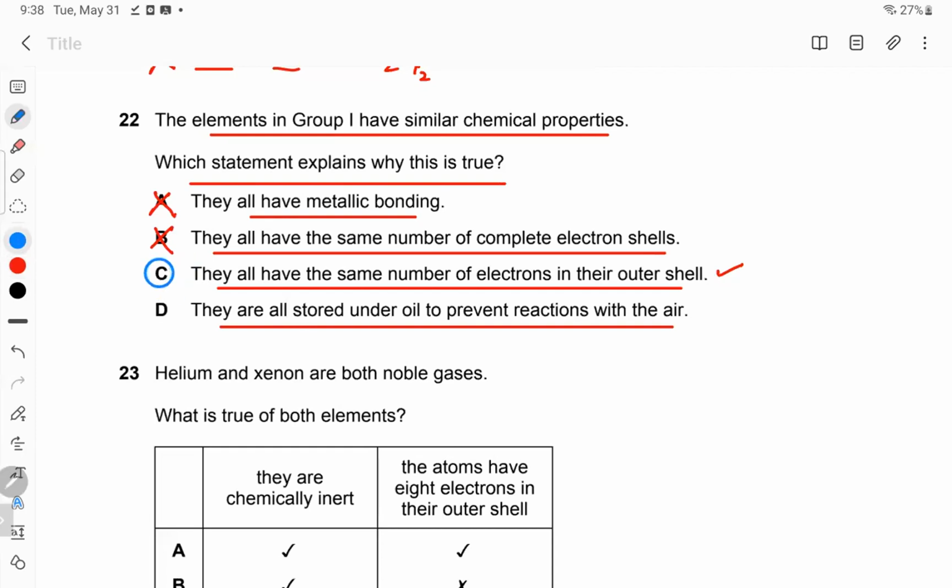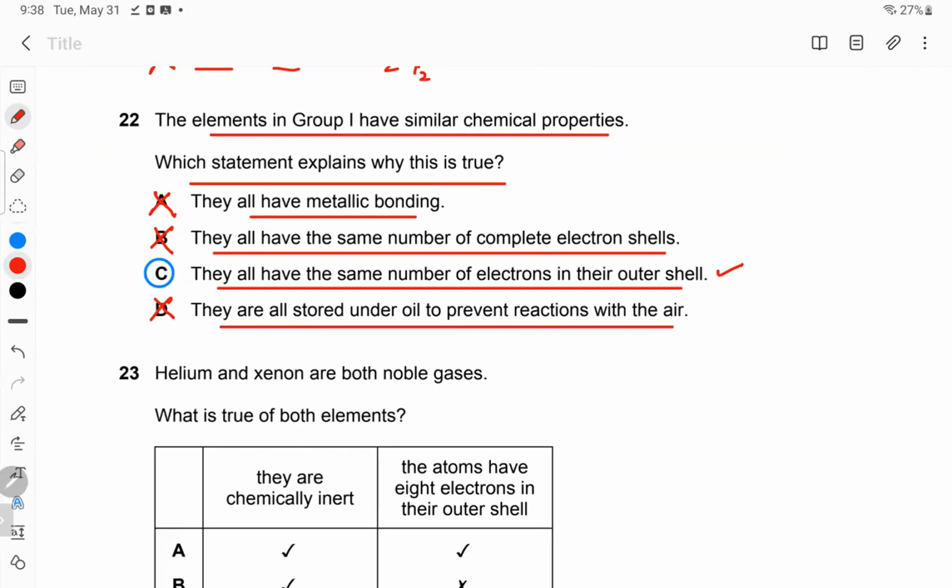And D is a property, D is not the explanation. So I will mark D wrong. D is also a correct statement, but here we cannot consider it correct because it is not explaining why their chemical properties are similar. Is this understandable to everyone?